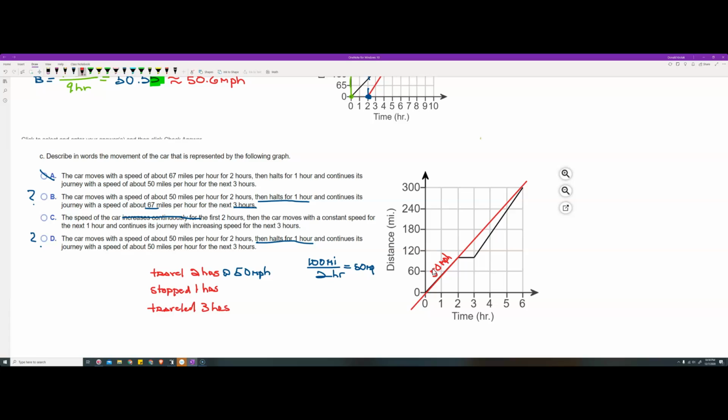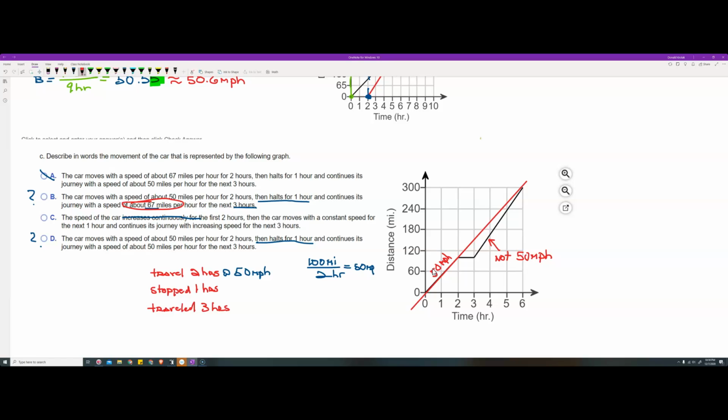And you can see that the red line and this black line are not parallel. So that means that this is not going to be 50 miles per hour because it has a different slope. Okay, it's a bit steeper, which would make sense that it's probably going to be our choice B, because this speed is a little bit greater than 50.